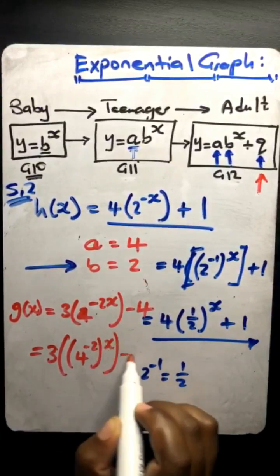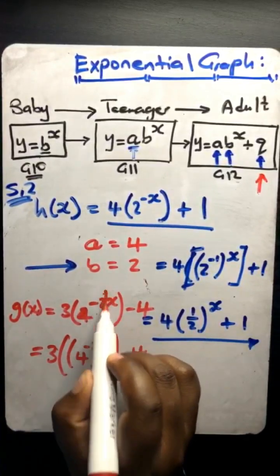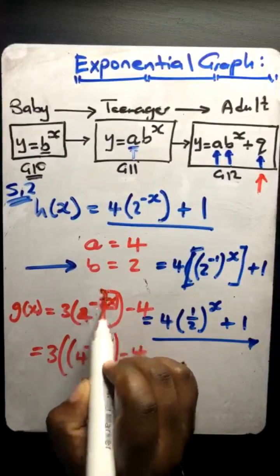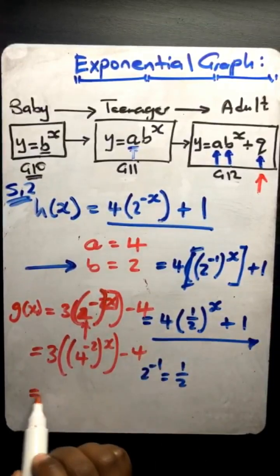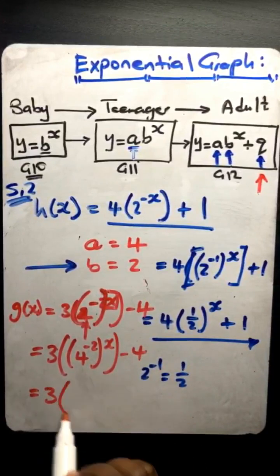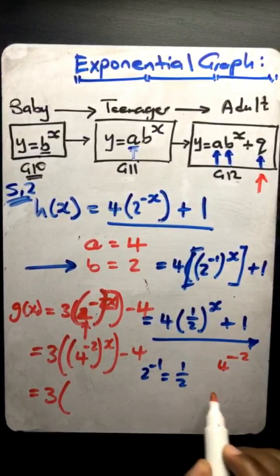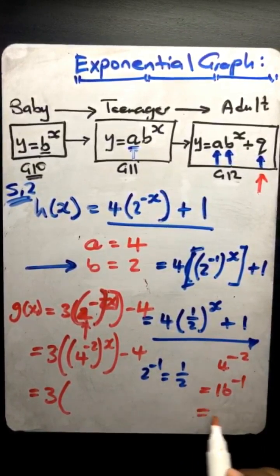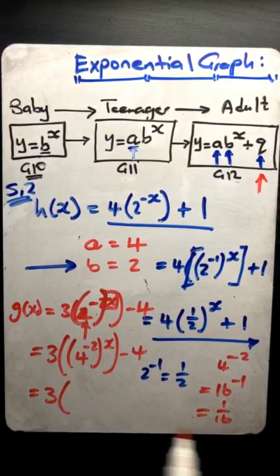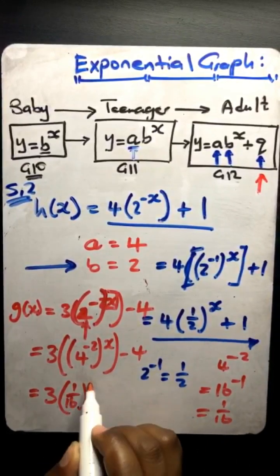You remove whatever is attached to x; it is actually the power of this thing. Then you further rewrite it as 3. That means this thing, 4 to the exponent negative 2, if you punch it on a calculator, is 16 to the exponent negative 1, which is what? 1 over 16. So this thing is the same as 1 over 16 to the exponent x.